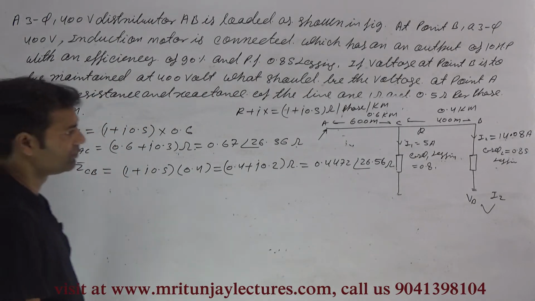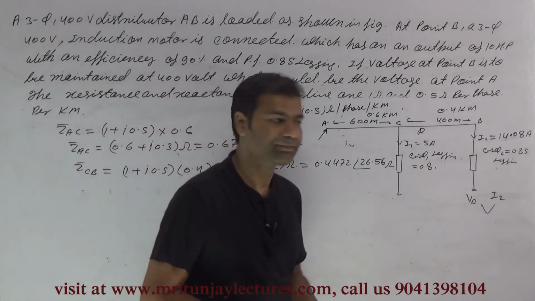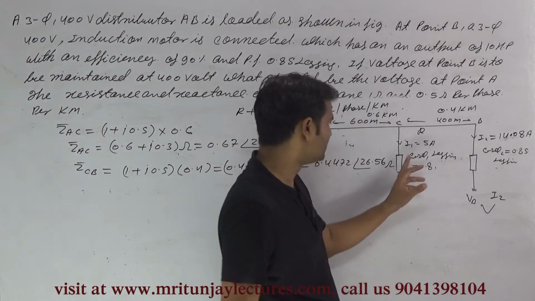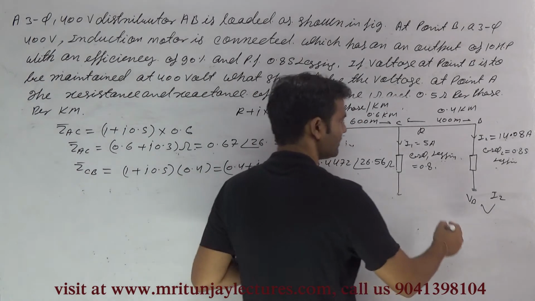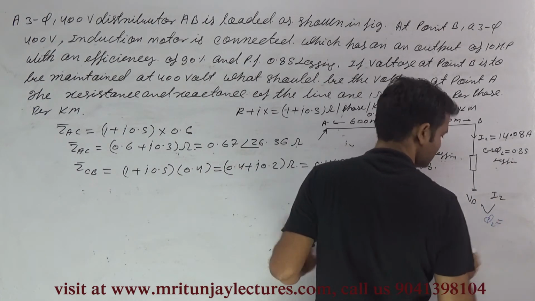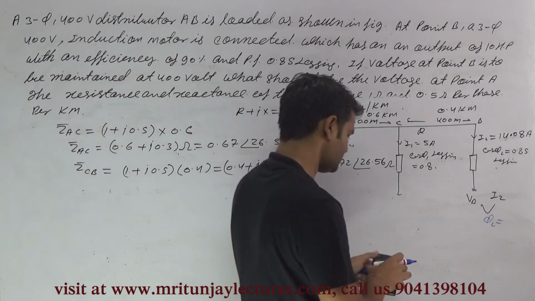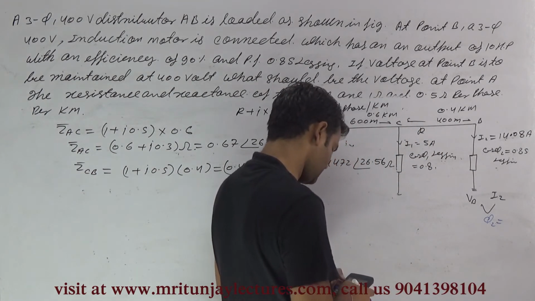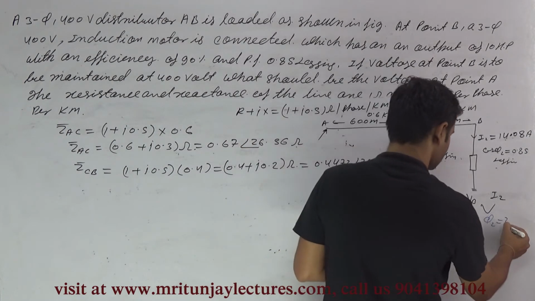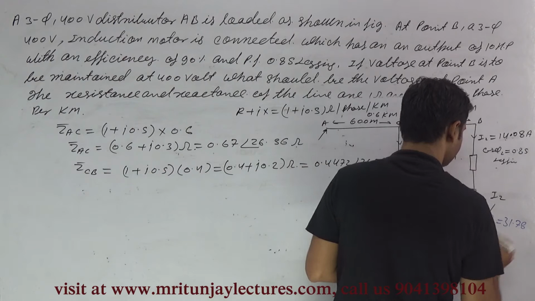Now the next target: first of all, the power factor is not mentioned. Corresponding to this power factor, the angle phi 2 is clear: cos phi is 0.85, cos inverse 0.85 is 31.78.